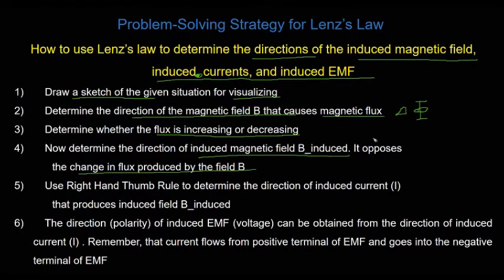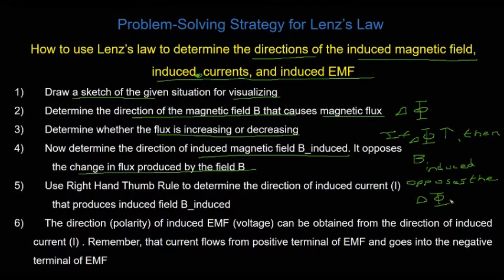So let me write this down: if the flux increases because of the field which is present in the surroundings, then you can expect the field due to the coil, or the induced field, should be in a direction that opposes the change, opposes the delta phi.